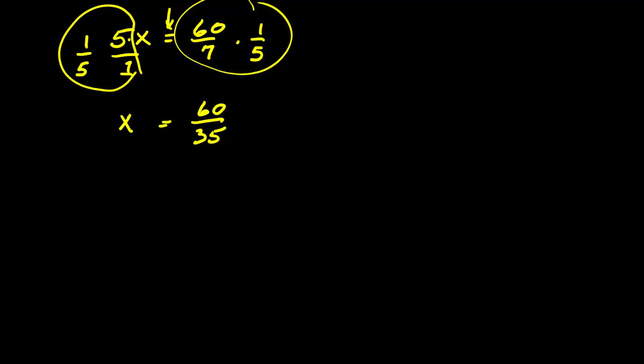And from the 6th grade, you'll recognize that this is an improper fraction, so we're going to go ahead and convert that into a mixed number. I'll rewrite 60 as 35 plus 25, and we're still dividing by 35. And that's going to be 1 plus 25 over 35.